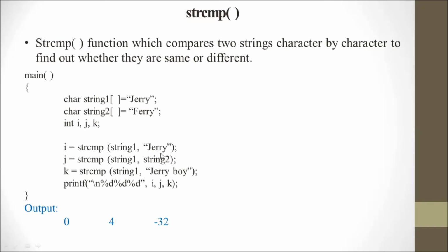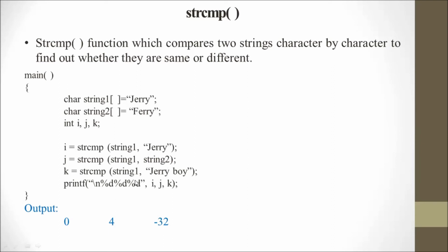The second will print 4, because in the second string, J and F are the difference; all the other characters remain the same, but J and F differ. So this prints 4, the difference between them, which is the ASCII value.